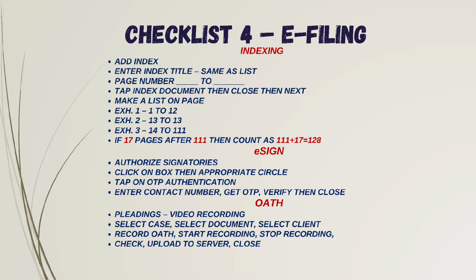Suppose the last page of your current document is 70. If Exhibit 4 ends with page number 17, Exhibit 5 will commence with page number 18. Then if Exhibit 5 is of 11 pages, while calculating, make the calculation as 17 plus 11.